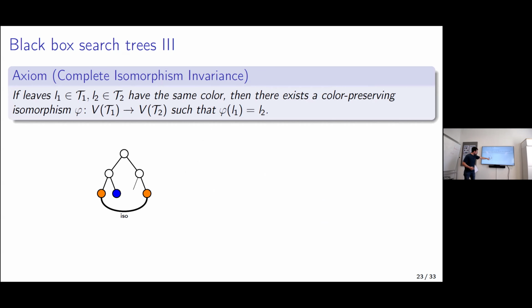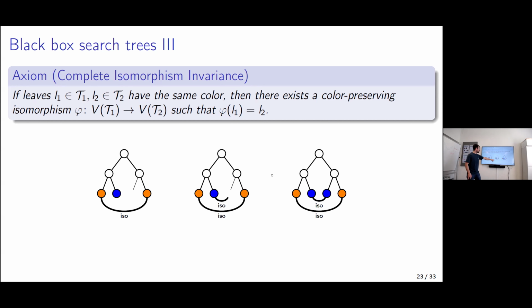So if we have 2 orange leaves, there must be an isomorphism that flips around the tree and maps this orange leaf to this one. Now, this implies that this isomorphism must map this blue node to whatever is here. And since it must preserve colors, we know that this must in particular be another blue node.